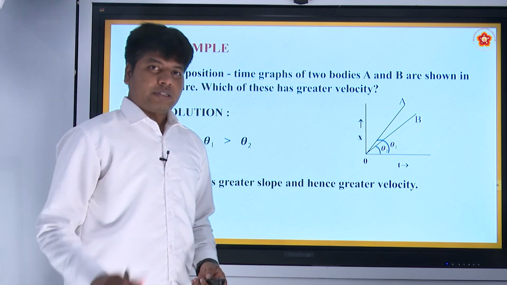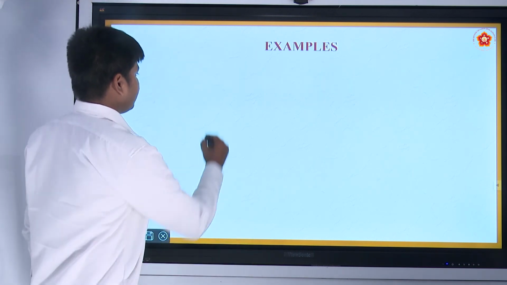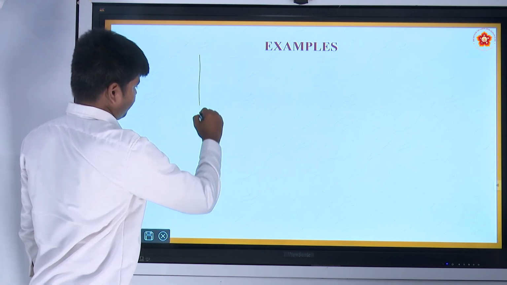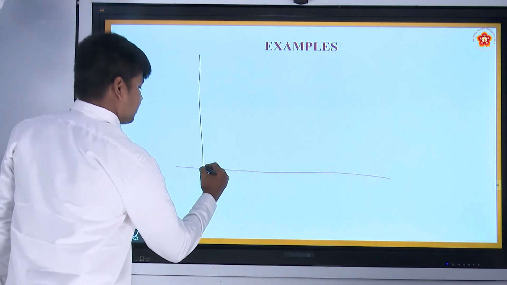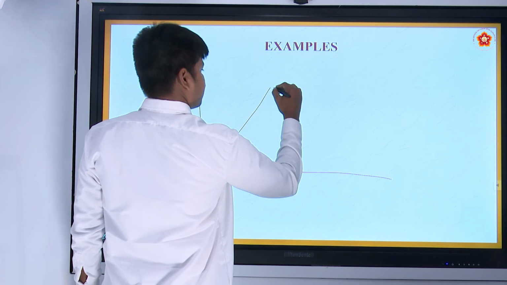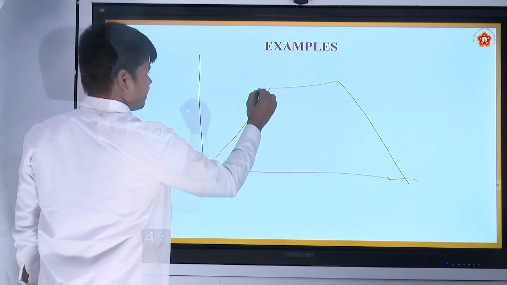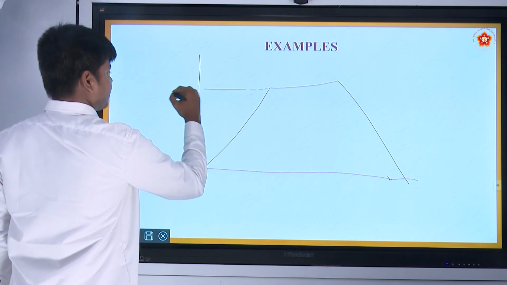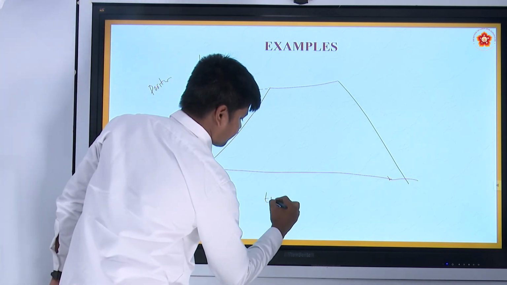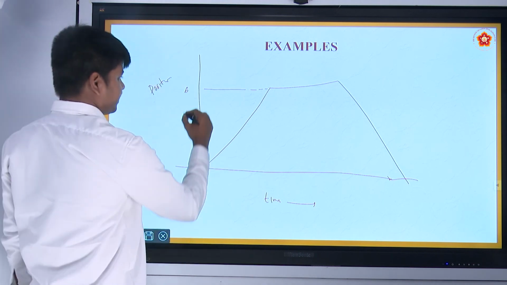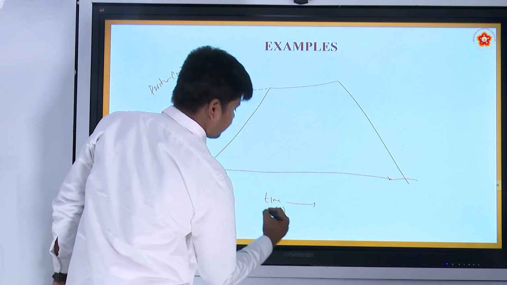Let us solve two examples in this session. If I give you a graph, this is position, this is time, this is in meters, this is in seconds.